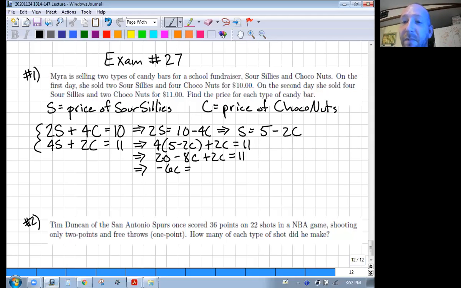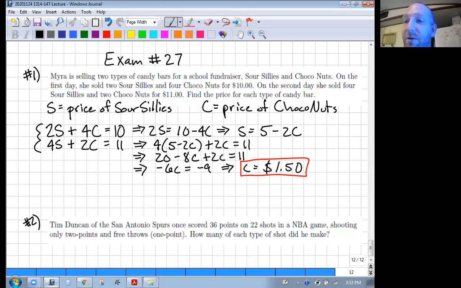Now 11 minus 20 is negative 9. So divide both sides by negative 6. 9 divided by 6 is 1.5. So Choco Nuts cost $1.50.